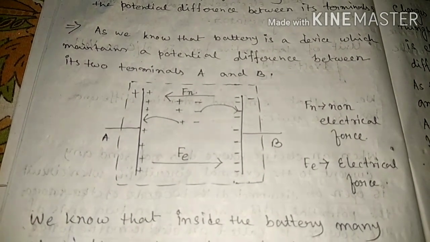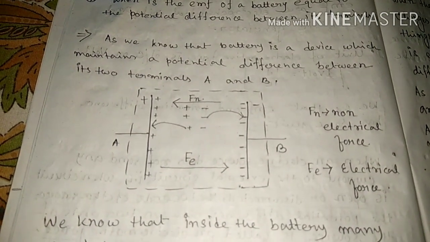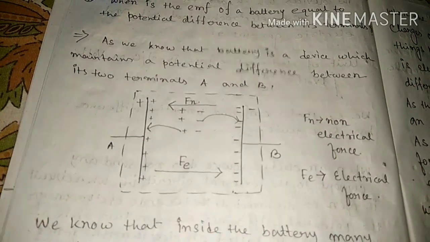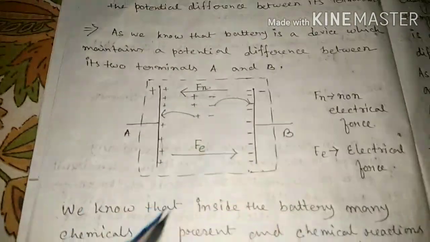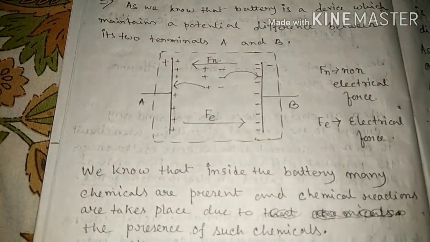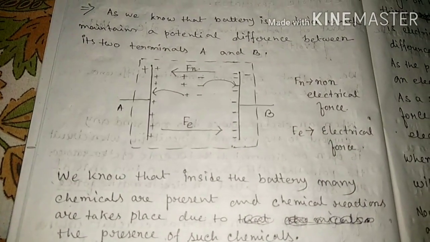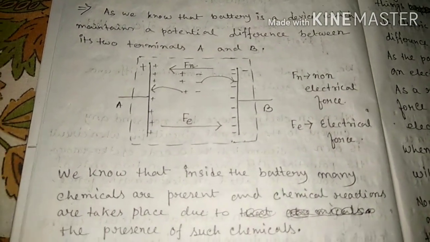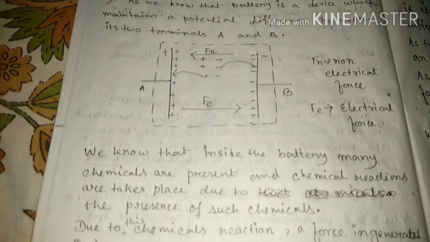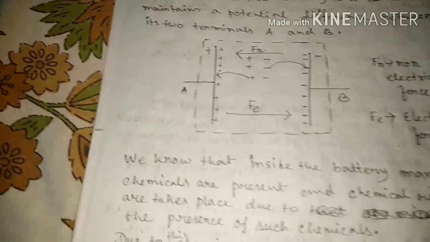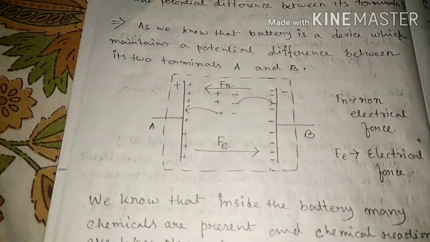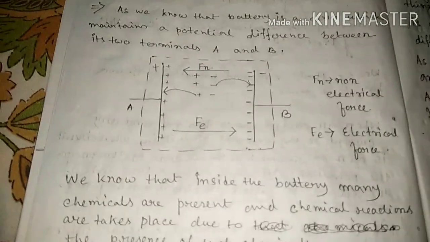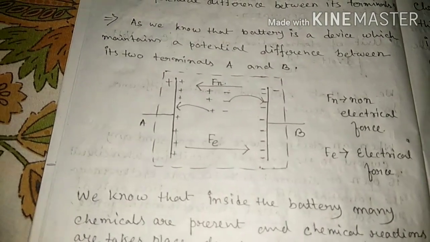Then how does it maintain the potential difference? What happens inside the battery? Let's discuss that. These are the two terminals of the battery, A and B, and inside the battery many chemicals are present, and chemical reactions take place between those chemicals.